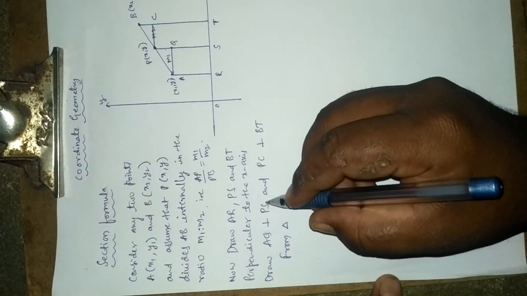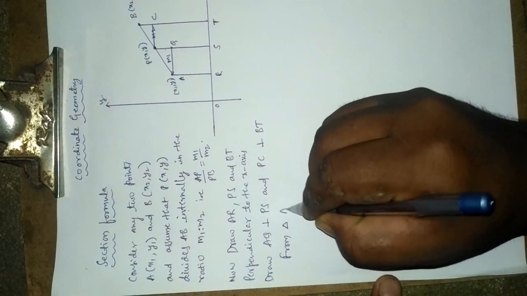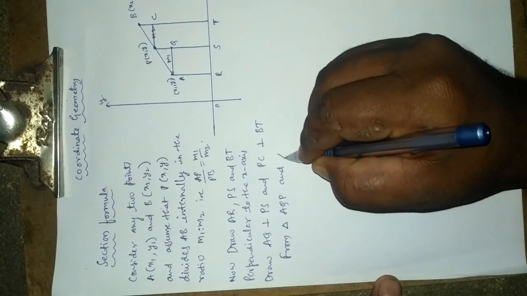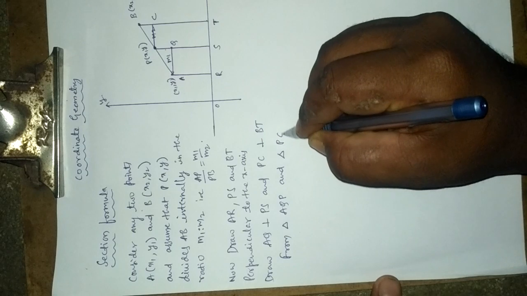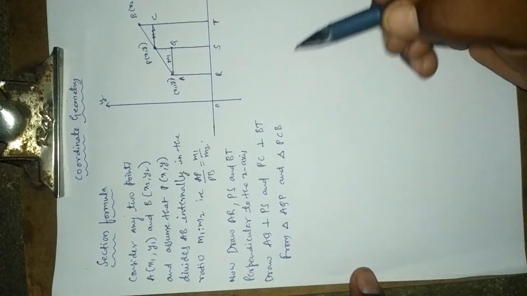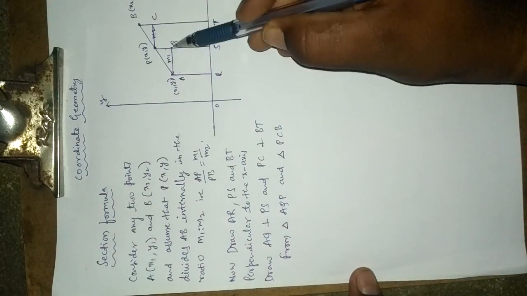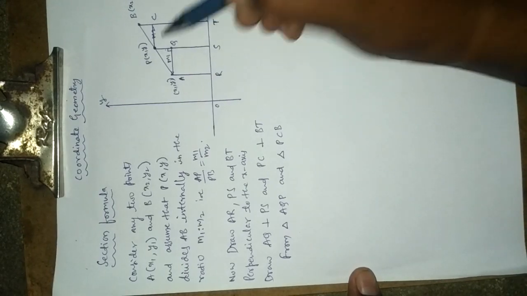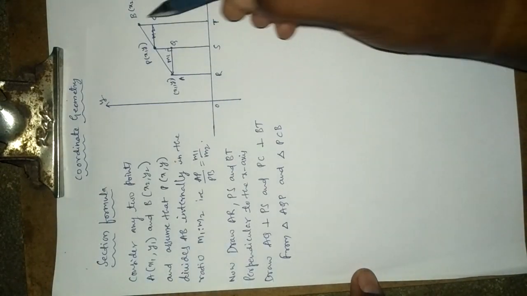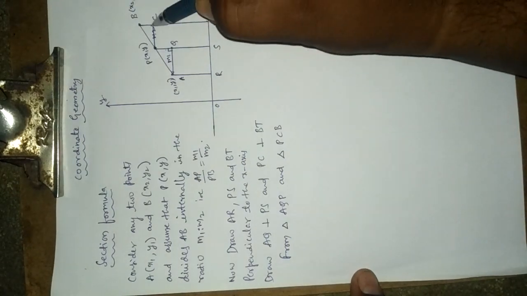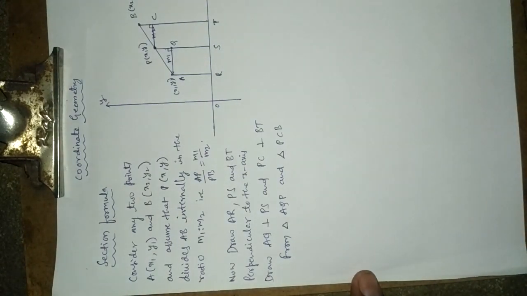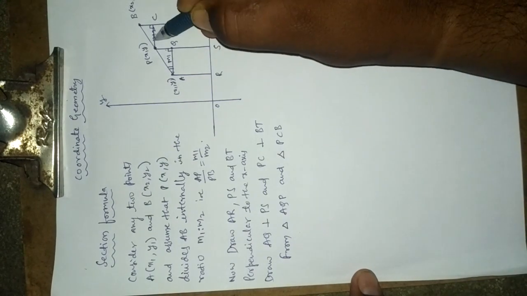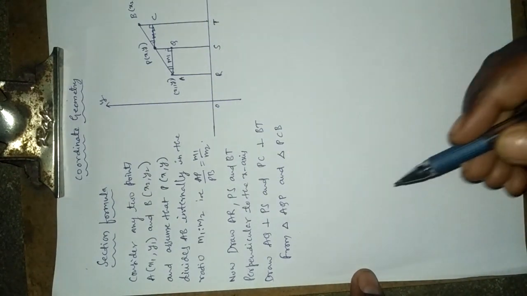Here from triangle AQP and triangle PCB, what happens, when AQ is perpendicular to PS, this is 90 degrees, right? PC is perpendicular to BT, so this is also 90 degrees. Here, whatever the angle is there, same angle will be there, right?